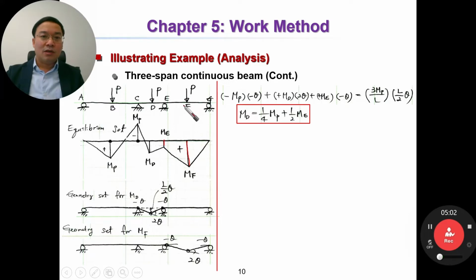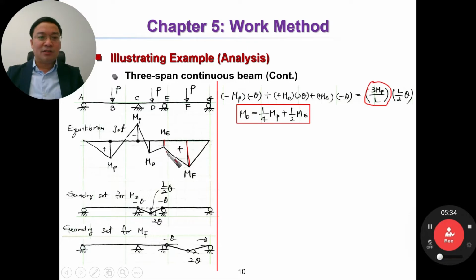It is moment, and P, and P equal to this one, we already know. Then could you please write down the work equation for MF? Please take 1 or 2 minutes to write down the equilibrium, the work equation for MF.